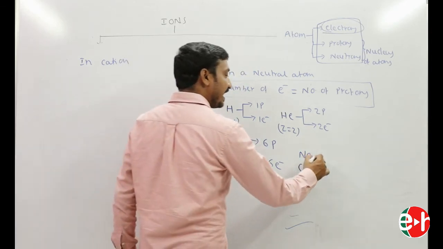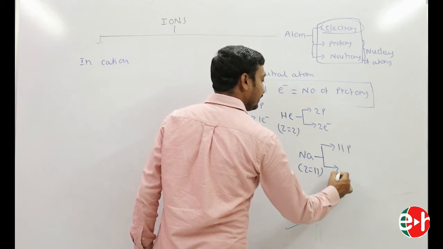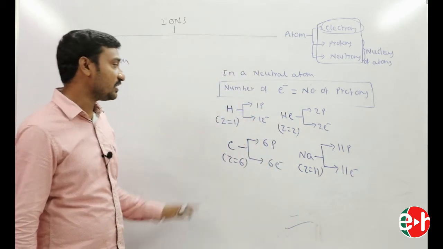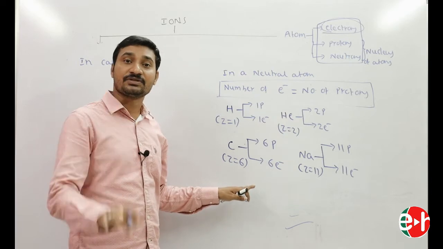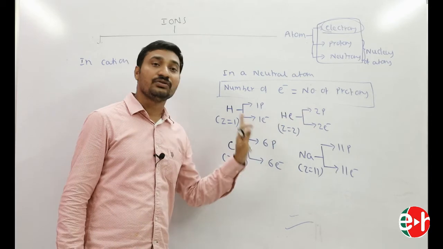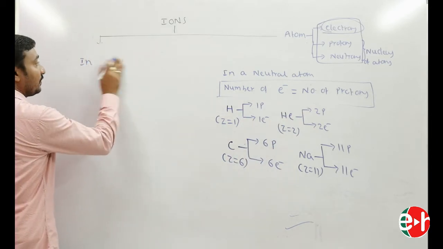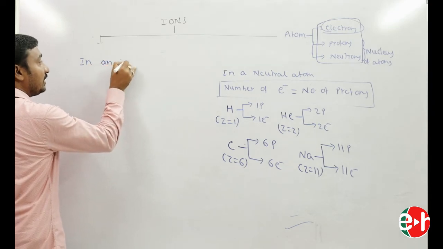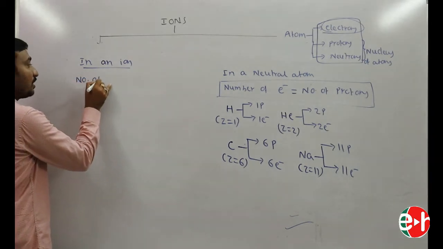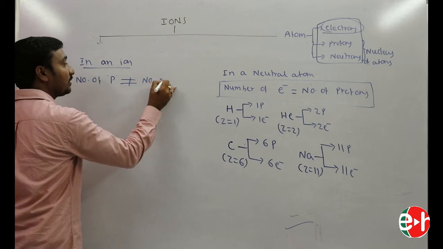That means it has 11 protons and 11 electrons. All these are neutral atoms. That's why protons equal electrons in a neutral atom. But in an ion, the number of protons is not equal to the number of electrons.